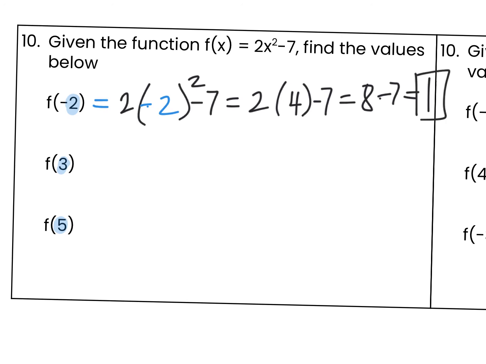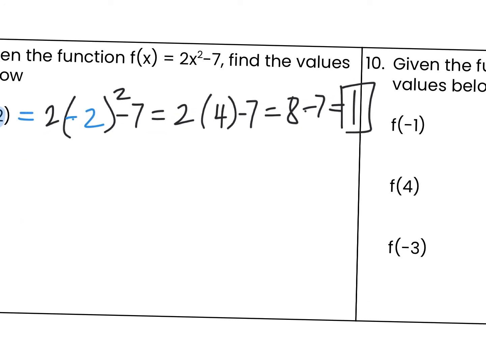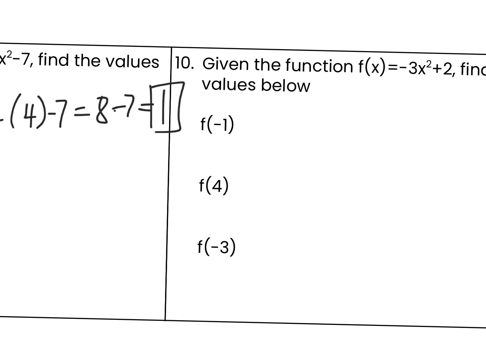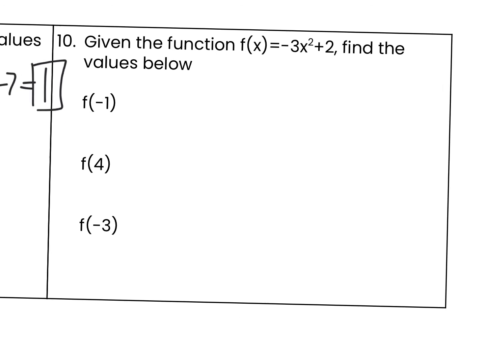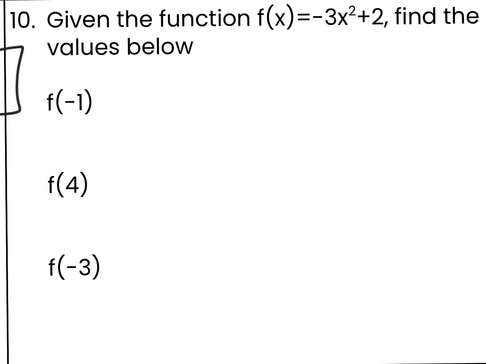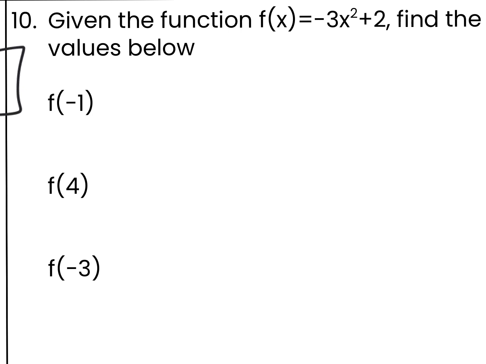That's my answer. So you'll do the same thing for 3 and 5, and then practice again for number 10 over here. So for example, like number 10, I'll do f of -3. So again, these numbers are my x values.